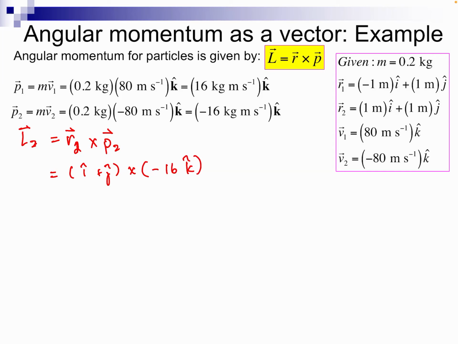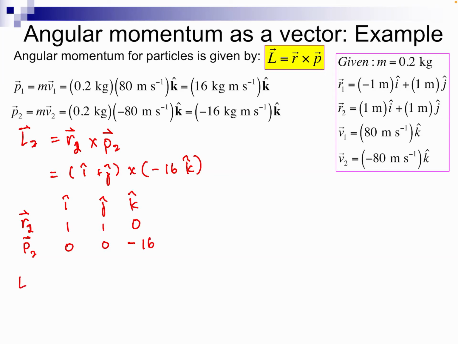Okay. So again, I use the determinant rule. I write down my i hat, j hat, k hat columns for vectors R2 and P2. R2 only has i and j, that's 1 and 1 and 0 k component. The P2 vector has no i and j components. It only has a k component of minus 16.